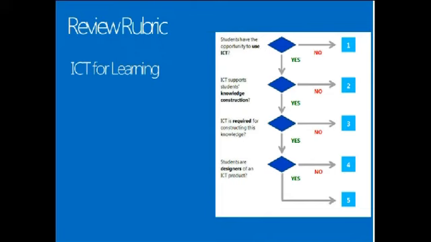Are they using technology to simply represent information, or knowledge construction is the idea of applying what is learned to a new context through analyzing, through creating new ideas, synthesizing ideas, etc. So whether technology is used just to receive content or whether it's used to produce something new is the critical decision point here between whether technology used for learning is a 2 or a 3.